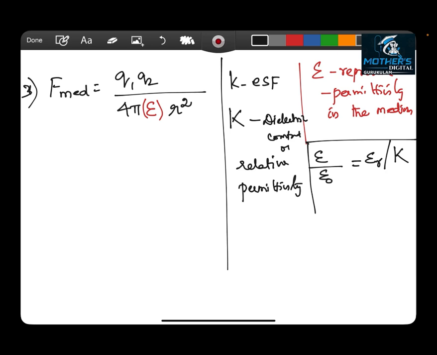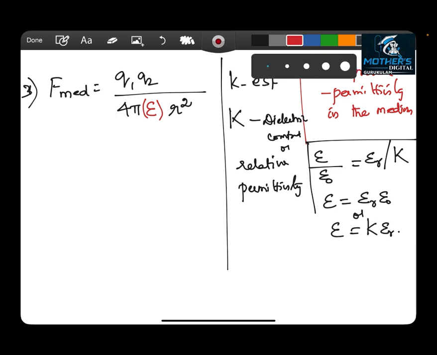So the relative permittivity is nothing but a relation between the permittivity in the medium to the permittivity in free space. So it can be represented as epsilon R or capital K. So from this formula, I can write my epsilon as epsilon R epsilon naught or K times epsilon naught.